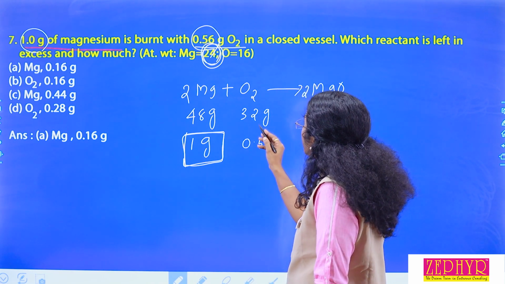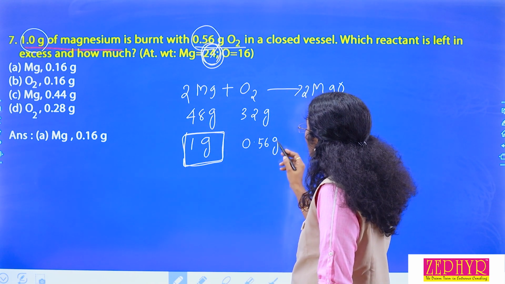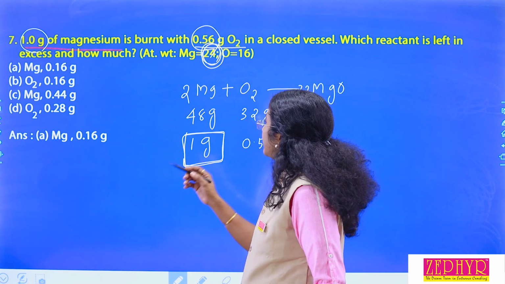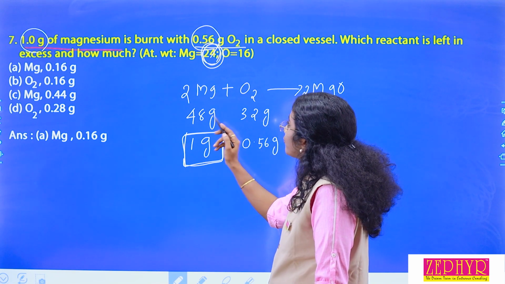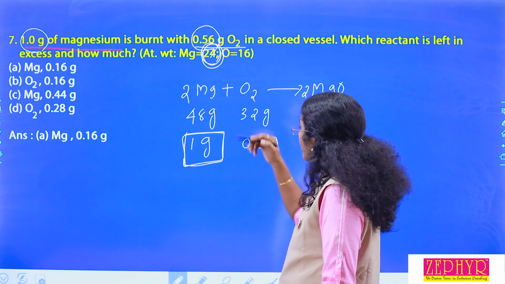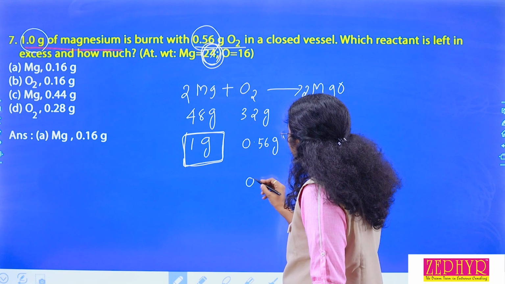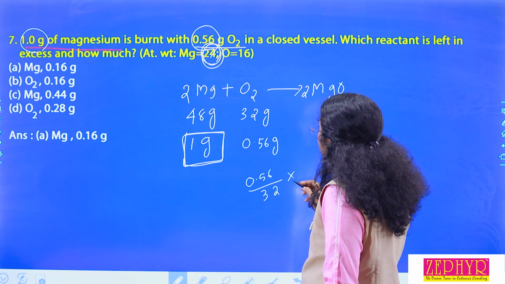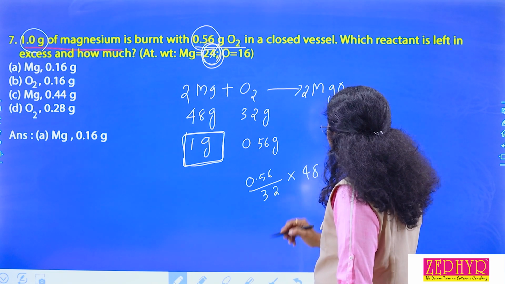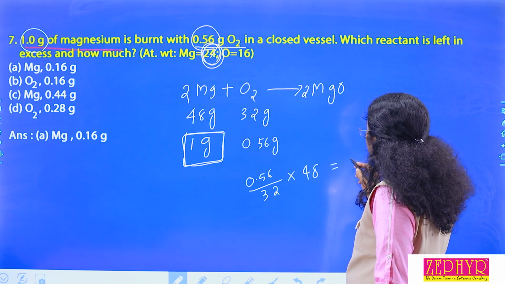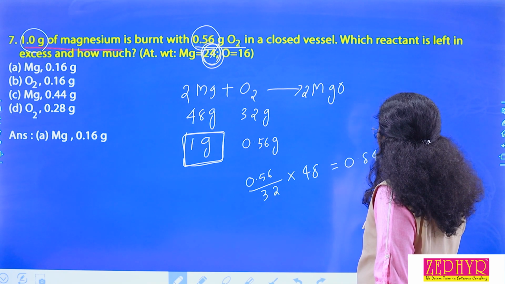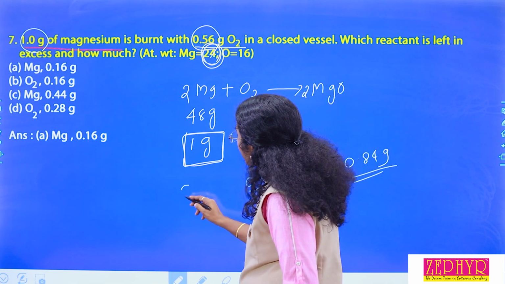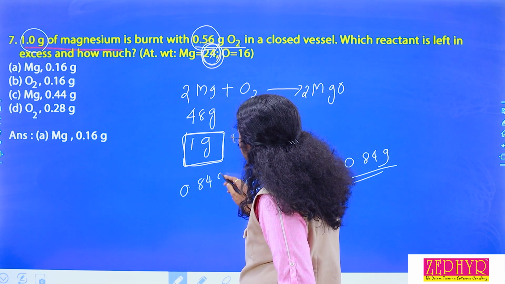See, 32 gram oxygen combines with 48 gram magnesium. What about 0.56? 0.56 divided by 32 multiplied with 48. After calculating this, we get the answer 0.84 gram. Actually 0.84 is needed here.